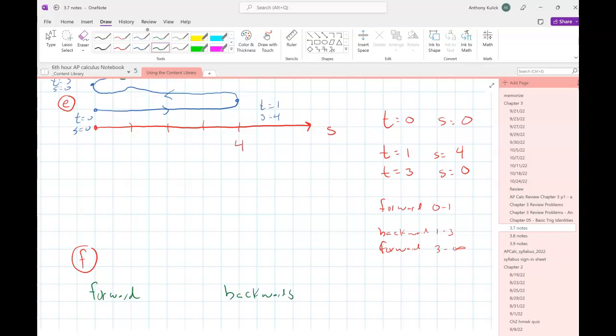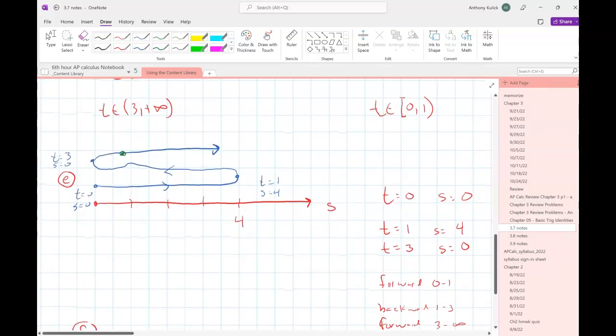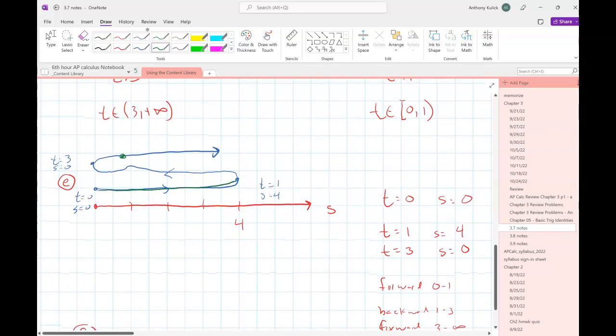So what we need is to find the forward pieces and the backwards pieces separately. So the forward parts, we have one forward segment there, and then one forward segment there. Everybody agree? So the first forward segment goes from 0 to 1, and the second forward segment goes from 3 to 5.